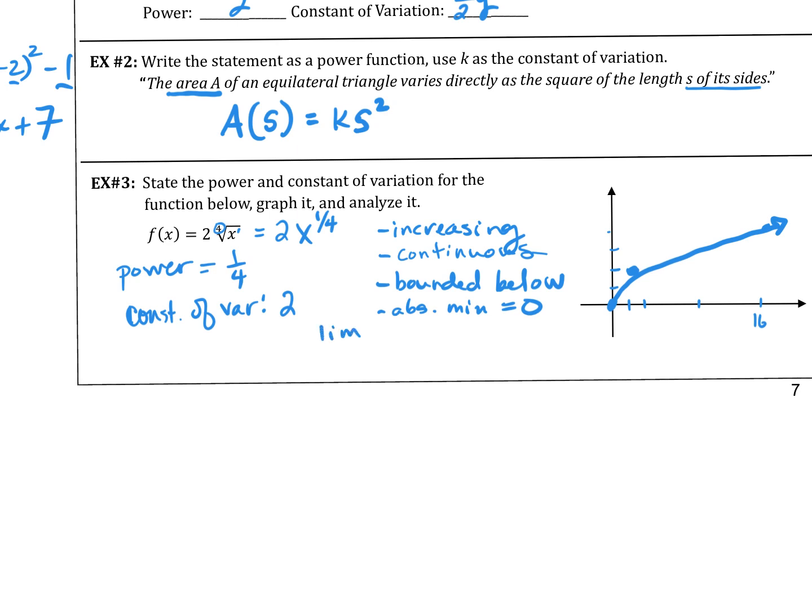The limit of f of x as x approaches infinity is what? That means, remember, what does it do as it goes to the right? Okay, it goes to positive infinity. Now, the limit of f of x, is x going to approach negative infinity?